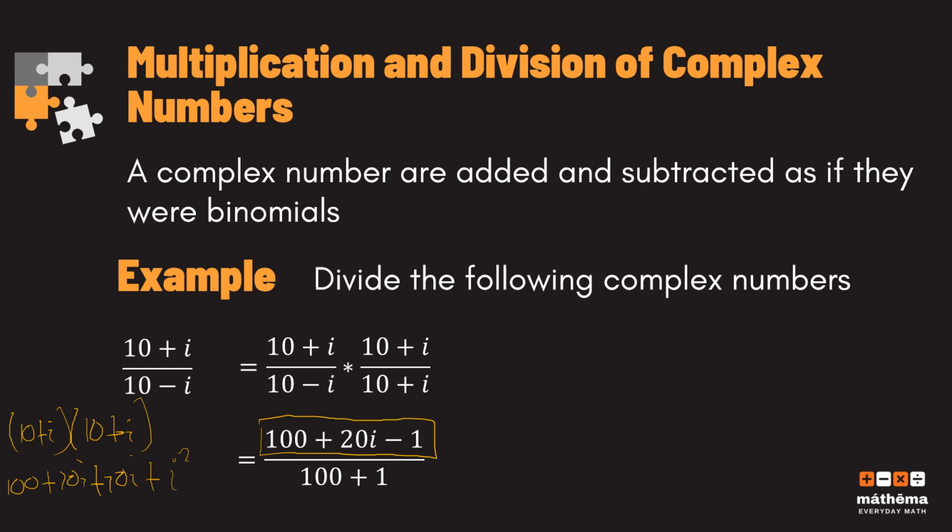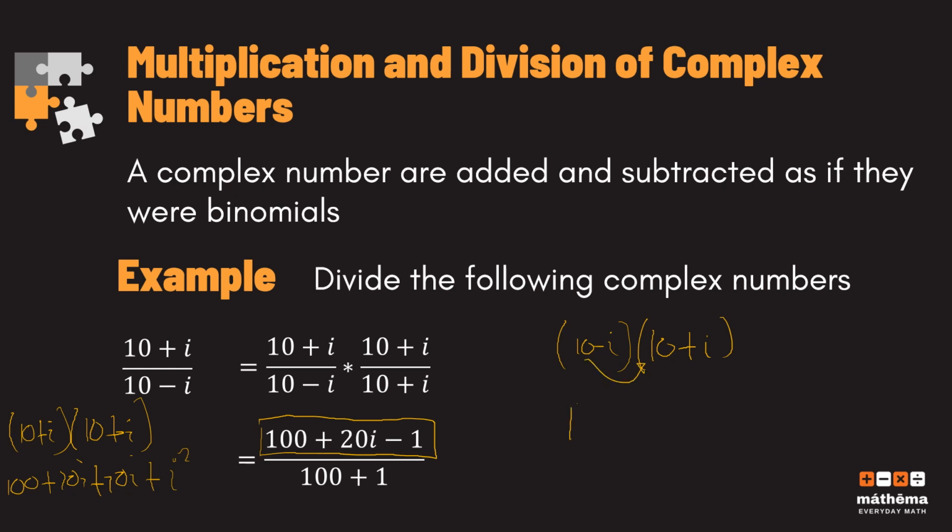Now, what about the denominator? Now, 10 minus i times 10 plus i is actually the same with what we did earlier. The shortcut for this one is just what? Multiply these two.